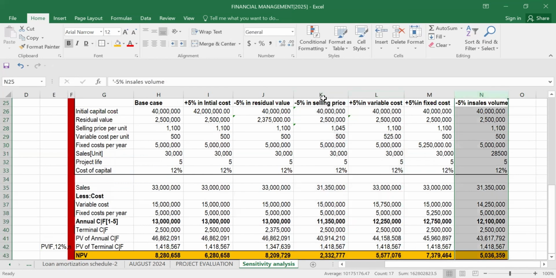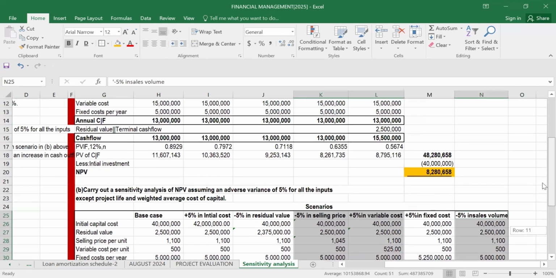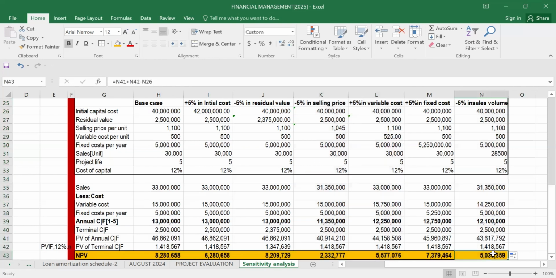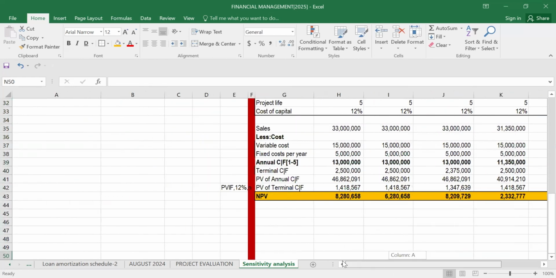So these are some of the variables whose reduction is adversely affecting the NPV. So that's basically how we do the sensitivity analysis on NPV, assuming an adverse change in those particular variables. So we are done with that particular point.